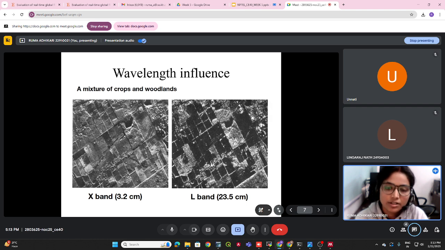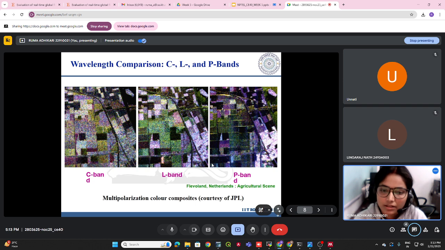So why? What it is reading on the target, that we will see. Here is also another comparison just to show you how the band and the wavelength matter. The C band, how it looks, L band, how it appears, and P band, the highest wavelength, how it appears. So in the three bands, through the received signal we can see different things.